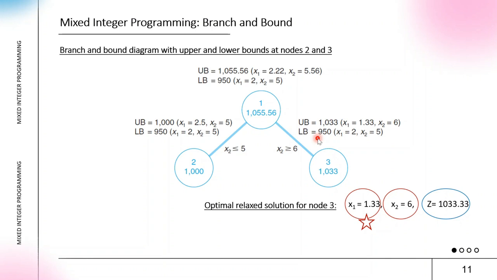In node 3, the optimal solution is x1 is 1.33 and x2 is 6. Since only x1 has a fractional part, we select x1 to create branches.